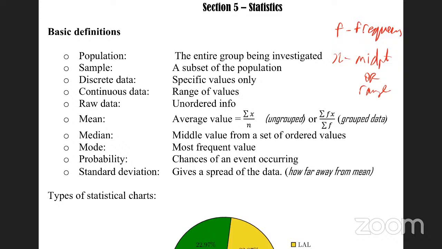Next, mean means average. Median is your middle value of an ordered set. So if I ask you to find the median, what's the first thing you have to do with the values? Order it. You have to make sure they're in ascending order.